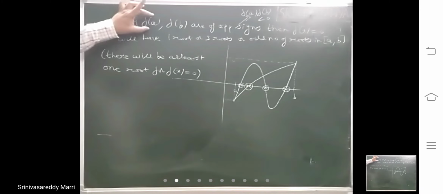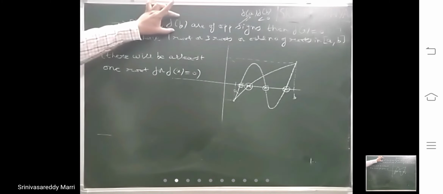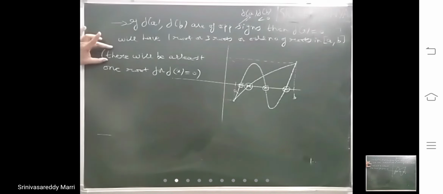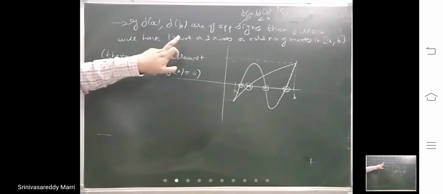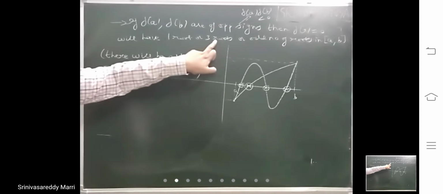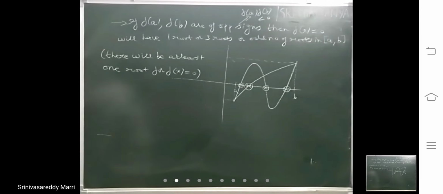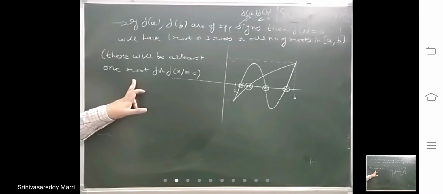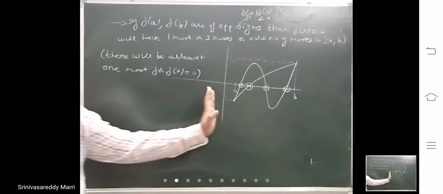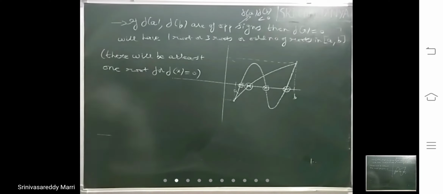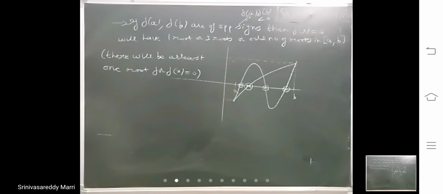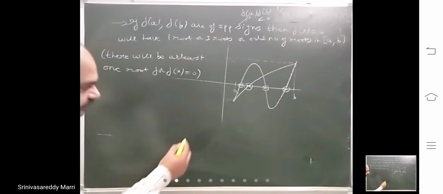If f of a and f of b are of opposite signs, you can say there will be a minimum of one root for f of x equal to 0. In general, it can be one root or three roots or an odd number of roots depending on the graph. But a minimum of one root will be there, when it is an increasing function, or it can be decreasing also.